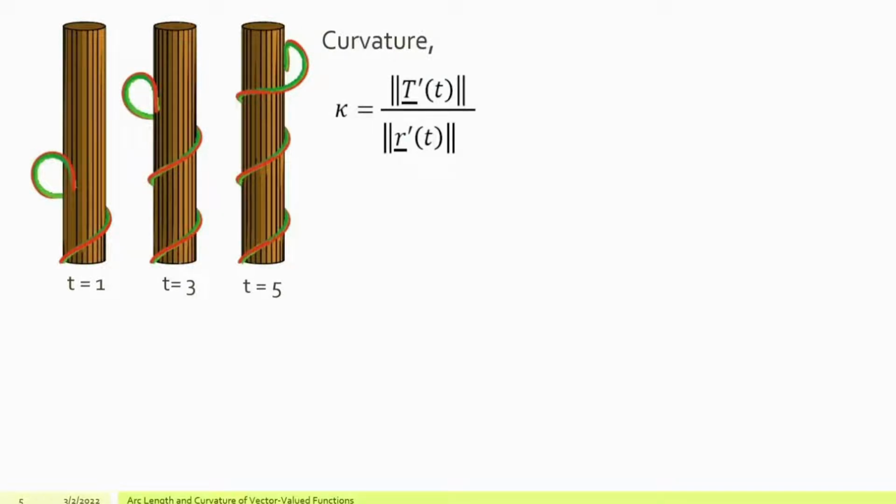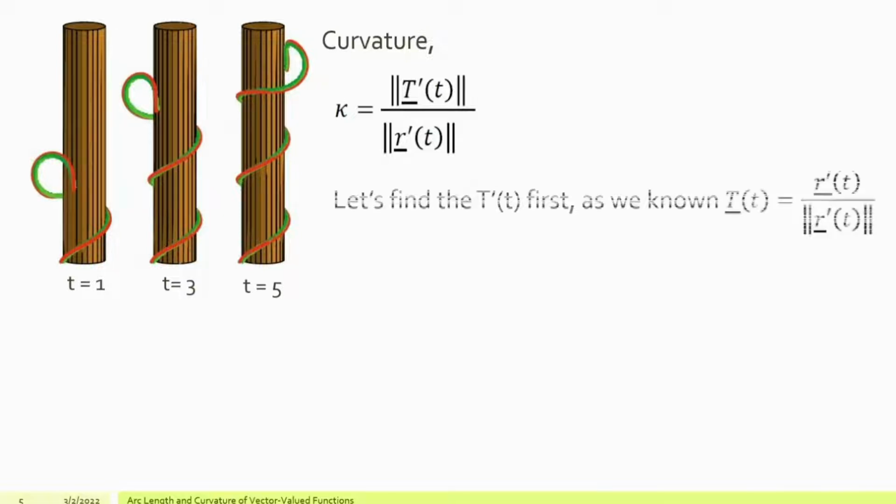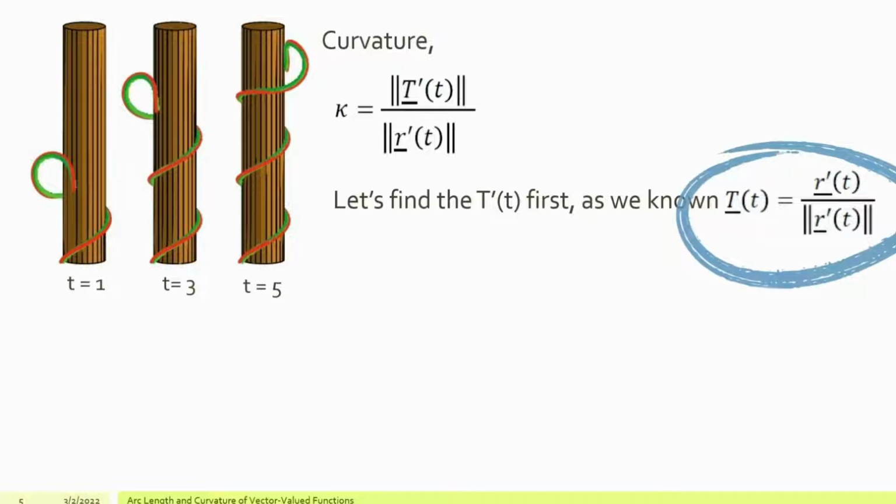What about the curvature? Kappa represents the curvature. Kappa is equal to the magnitude of tangent prime of t over the magnitude of r prime. Let us find the tangent prime. As we know, the tangent T is equal to r prime t over the magnitude of r prime t.